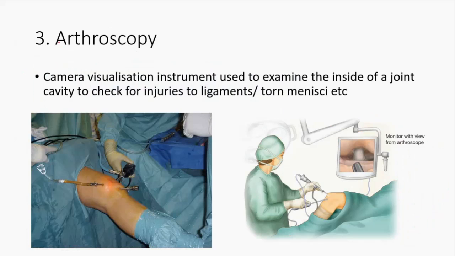Okay, so the third clinical correlate of this lecture is the arthroscopy. If someone has a condition, maybe they have a sports injury where they might have injured or torn their ACL.